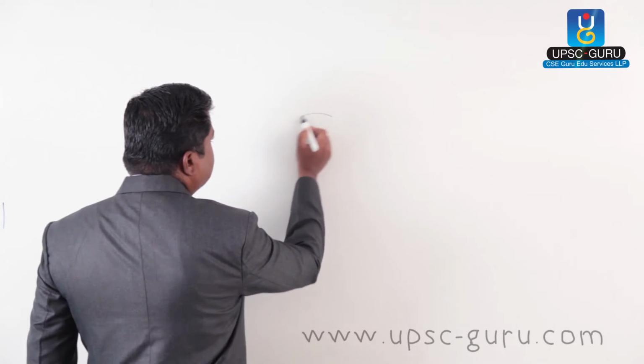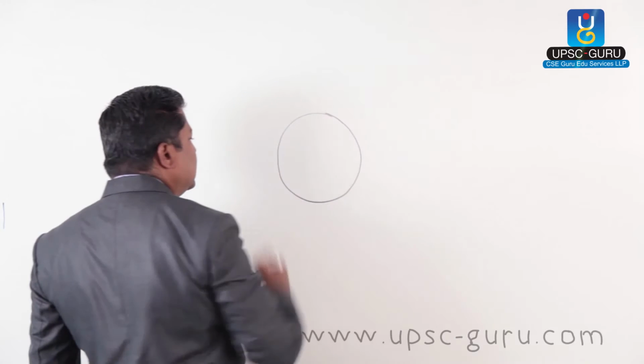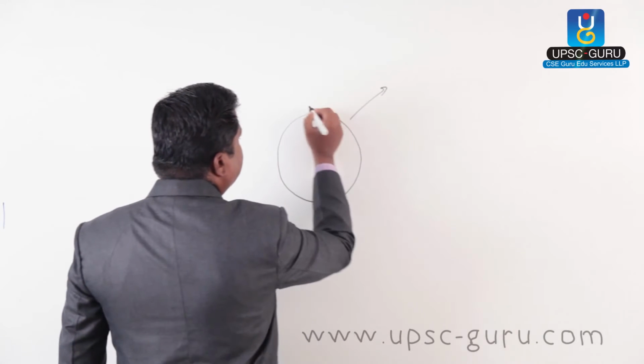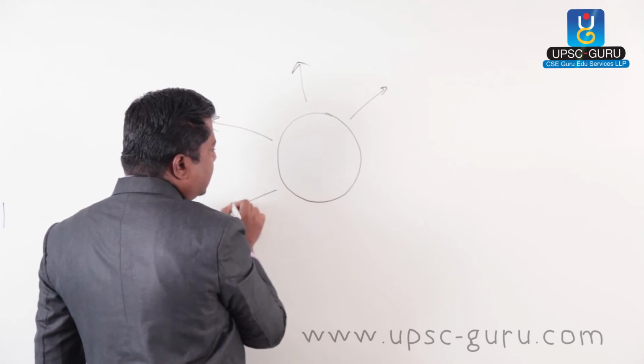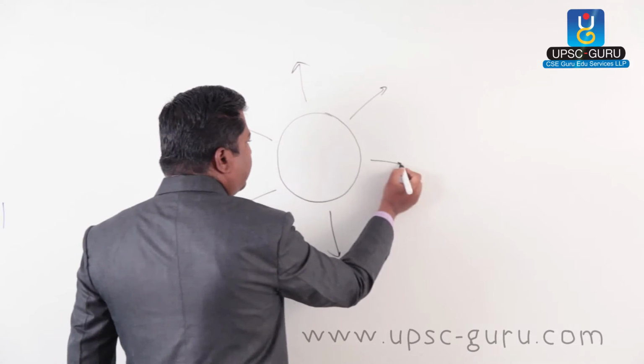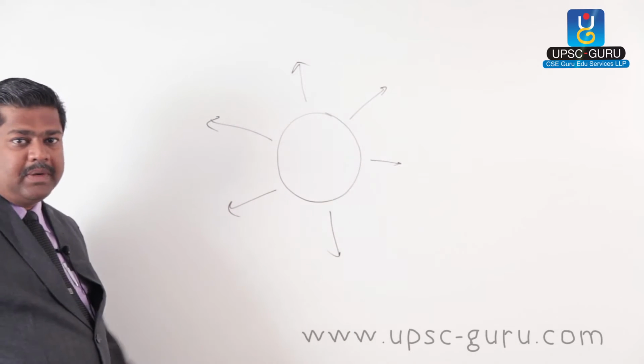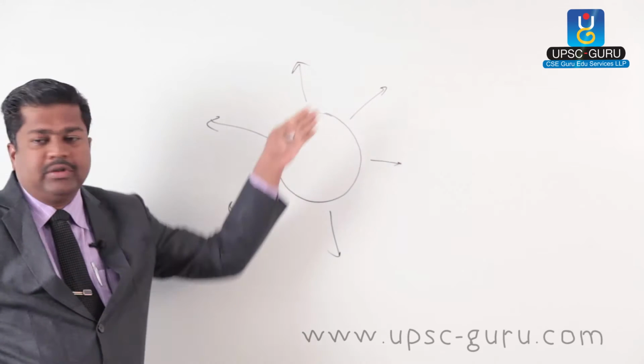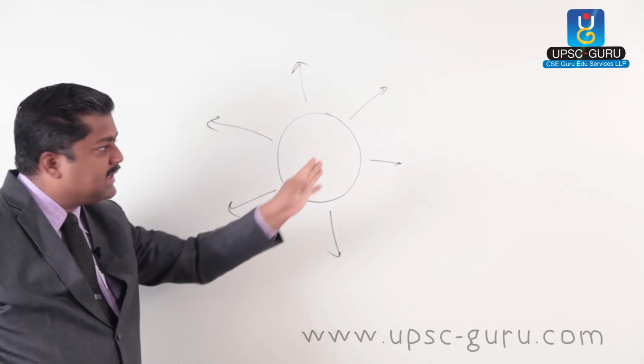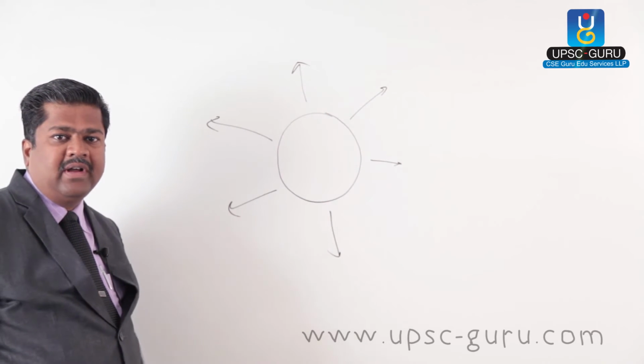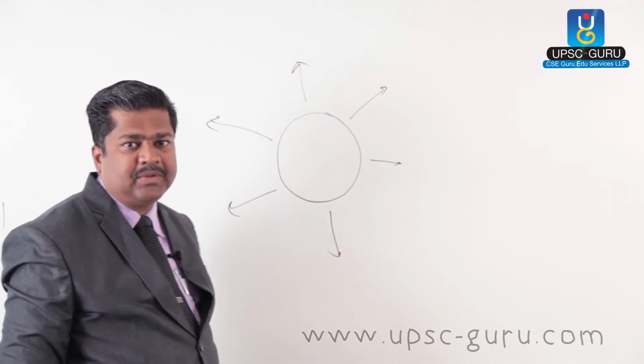Let us check out here. This is Sun. It is emitting energy in all possible directions. I am showing here in terms of a plane, but practically it is three-dimensional. So in all these directions as well as backside, everywhere we are getting the radiation from Sun.